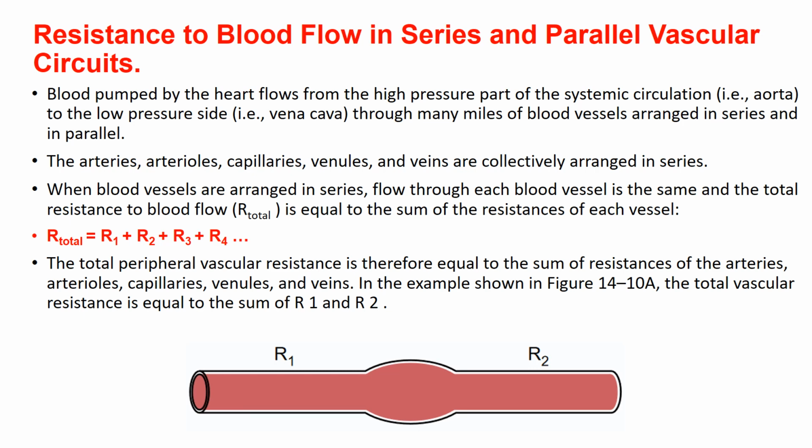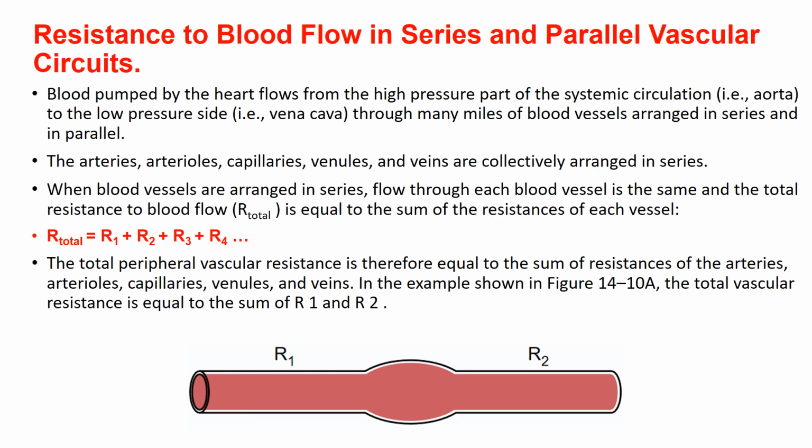Blood pumped by the heart flows from the high-pressure part of the systemic circulation, i.e., aorta, to the low-pressure side, i.e., vena cava, through many miles of blood vessels arranged in series and in parallel. The arteries, arterioles, capillaries, venules, and veins are collectively arranged in series. When blood vessels are arranged in series, flow through each blood vessel is the same and the total resistance to blood flow, Rtotal, is equal to the sum of the resistances of each vessel.